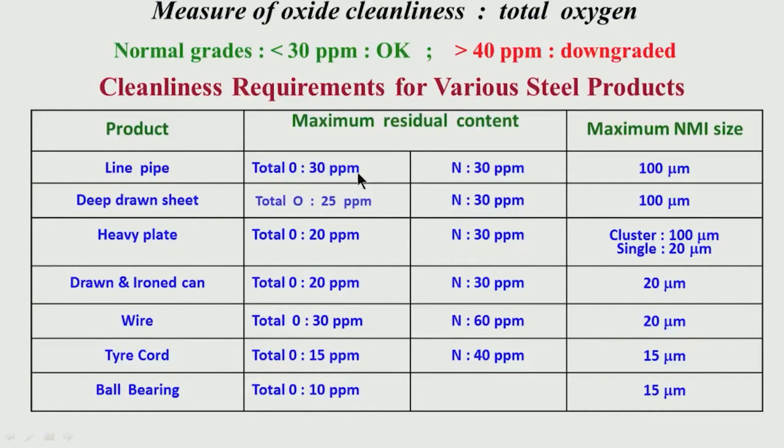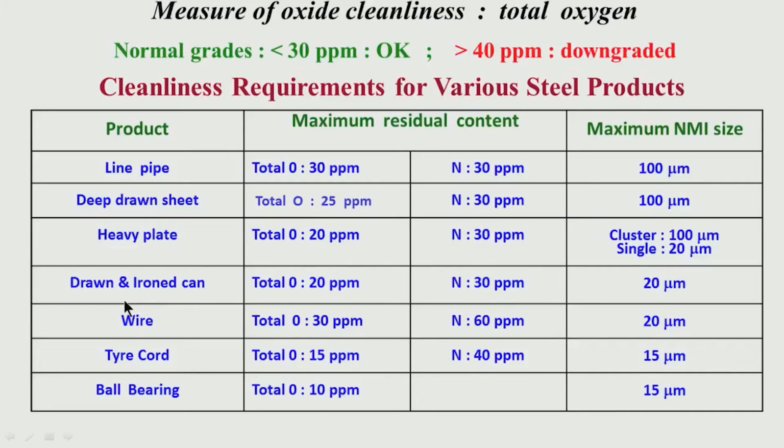If the level of oxygen is more than 20, but around 25 or 28 or even 29, slightly less than 30, maybe we can process it for line pipe, provided nitrogen also is within range. But if total oxygen is more than 20, it cannot be processed for heavy plate.